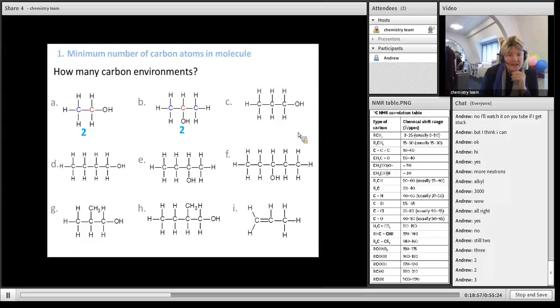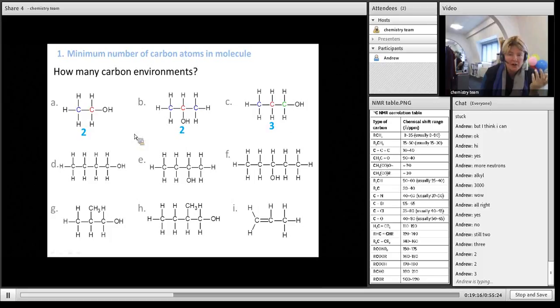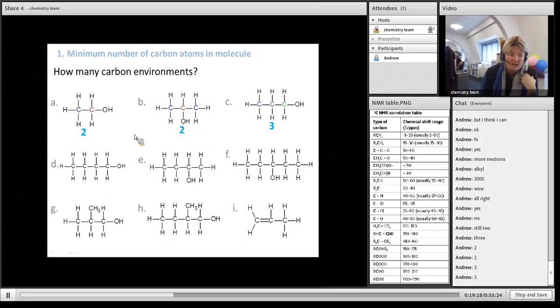What about the number C? 3, correct. Because this carbon is not the same as the blue one, because this one's got 3 hydrogens and a hydroxyethyl, whereas the green one has got a hydroxy group, an OH, 2 hydrogens and an ethyl.